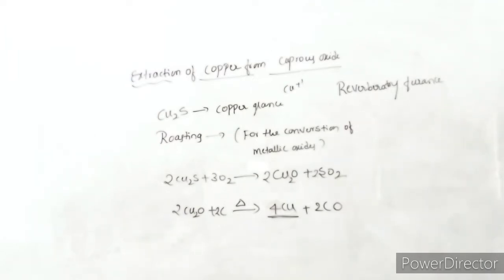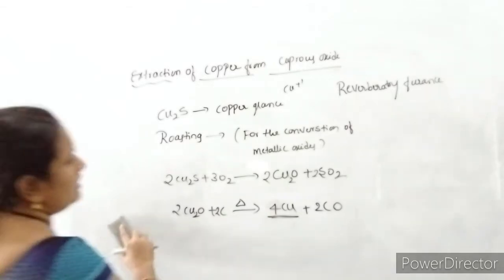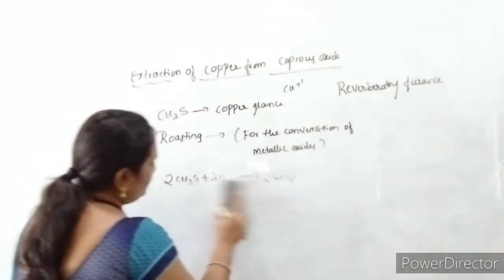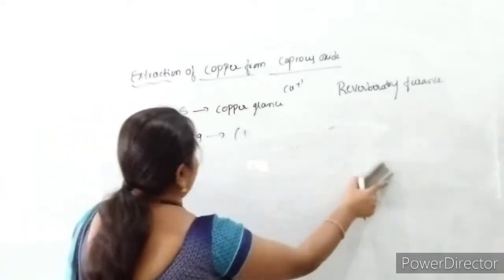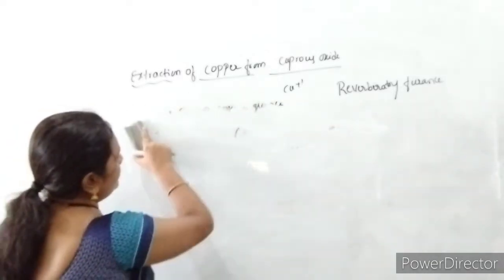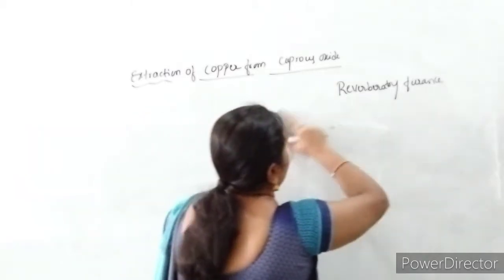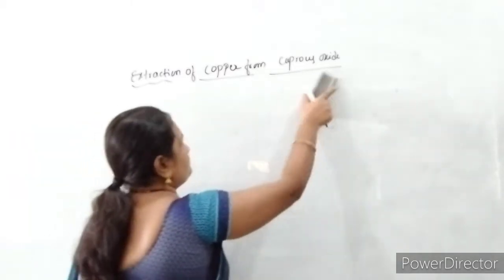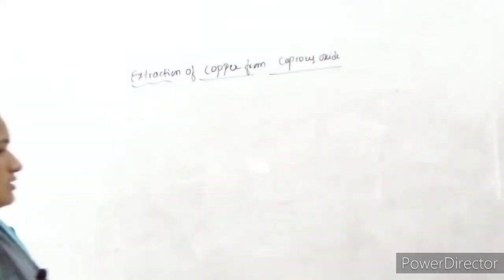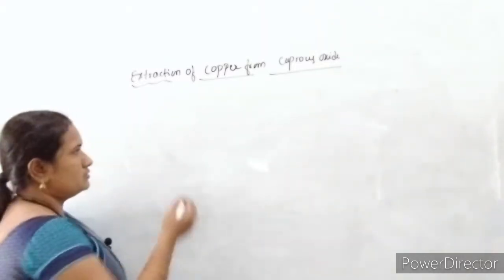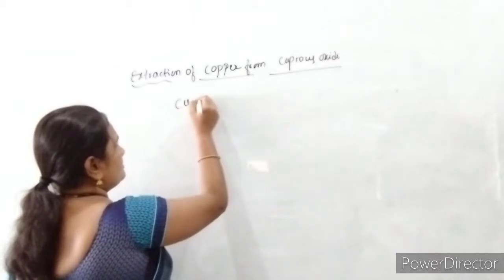So in the actual process, the ore is heated in the reverberatory furnace after mixing with silica. In the last video I told you what actually happens to the ore in the calcination and roasting processes.